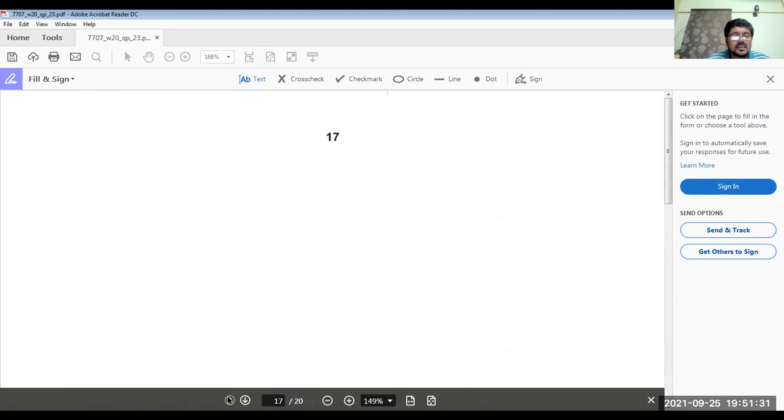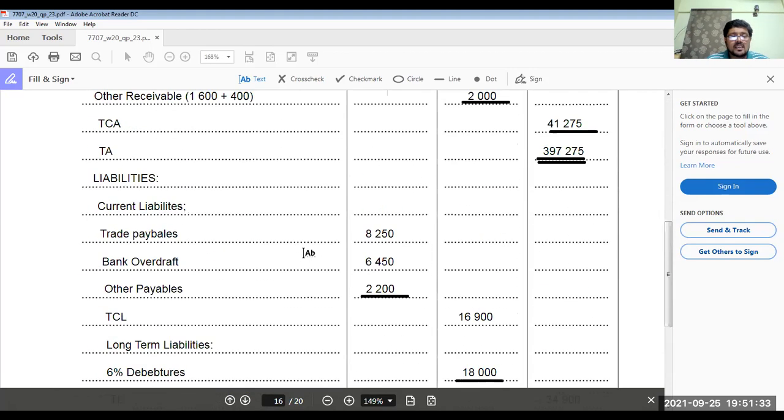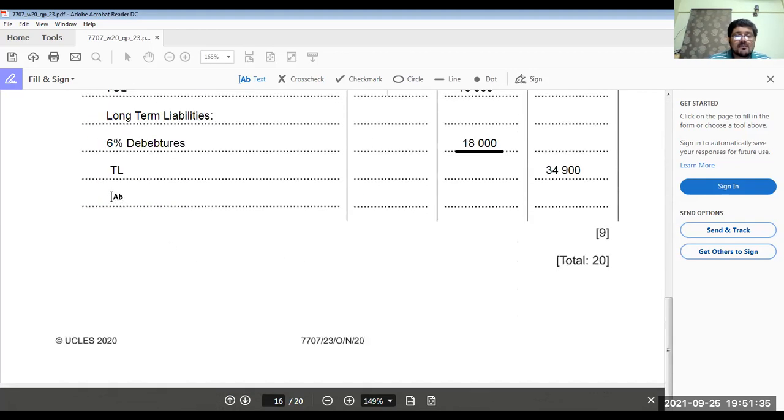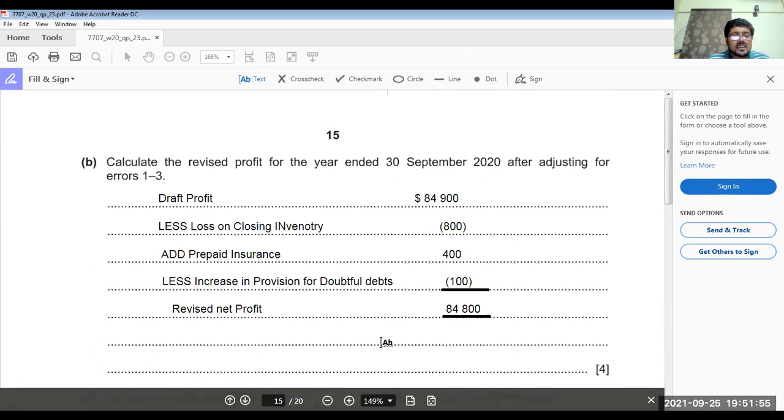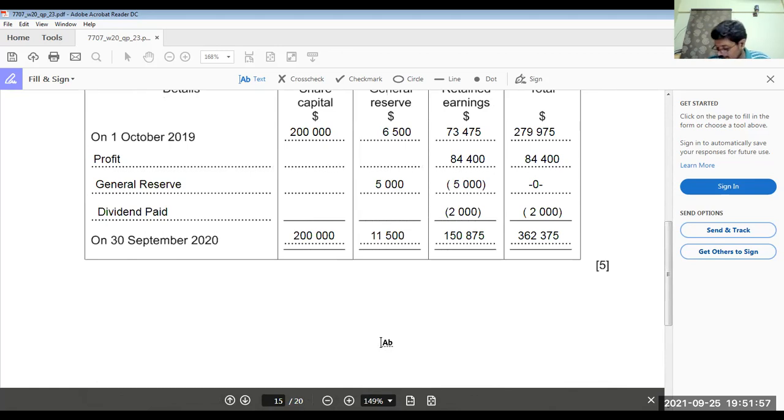Okay. Now, what is left? Shareholders' equity. Shareholders' equity we have calculated in our statement. Where is the statement? 362,375. Oh, simple.